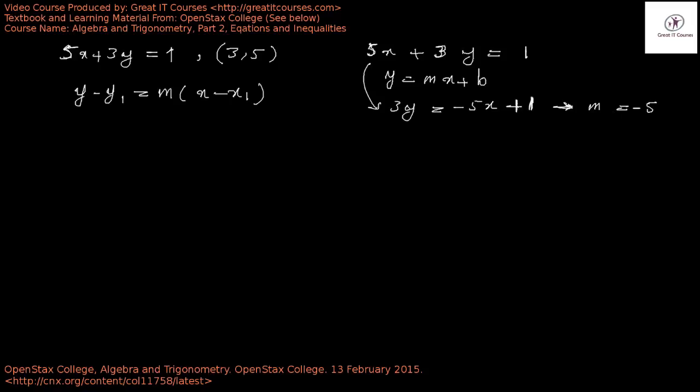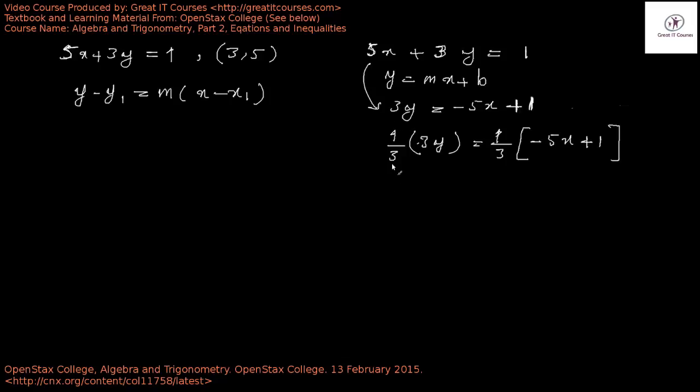Oh, sorry, no. I need to simplify. So now you can see that you still have a coefficient of 3 for y. So you need to multiply everything by 1/3. Let's write another step. So 1/3 into 3y is equal to 1/3 into minus 5x plus 1.